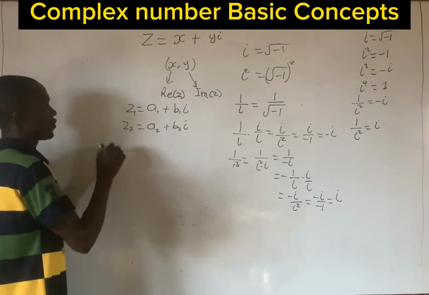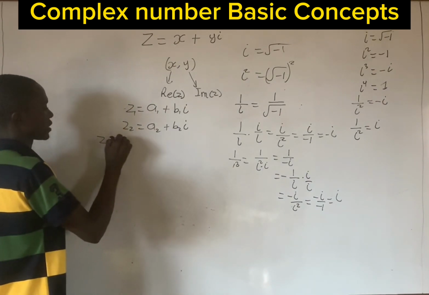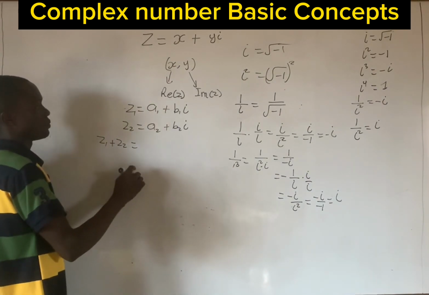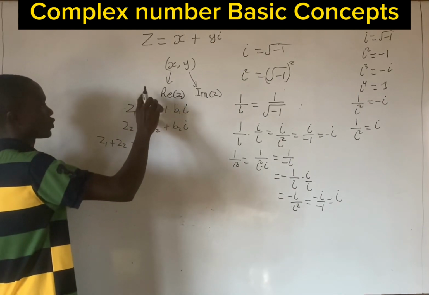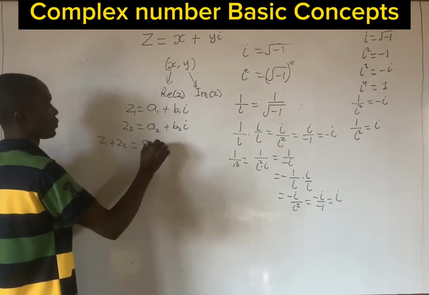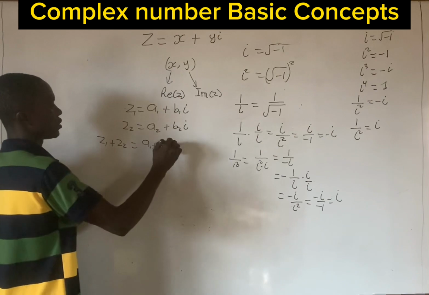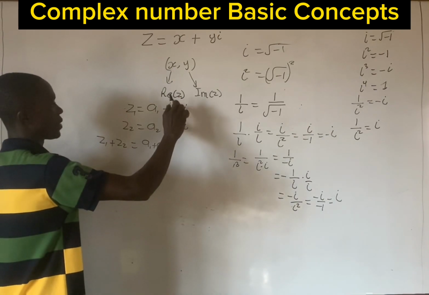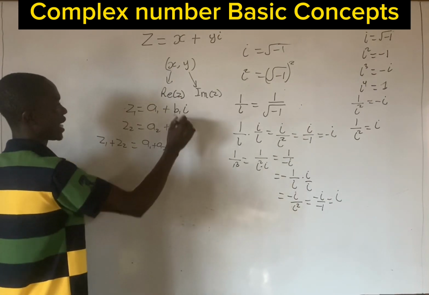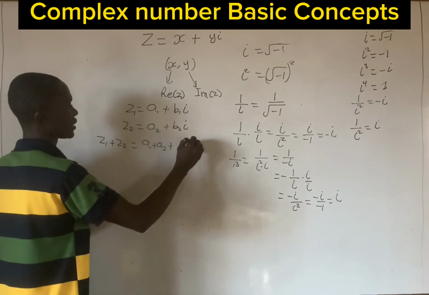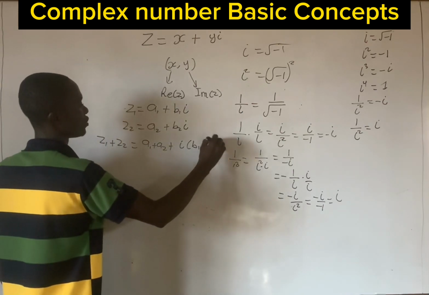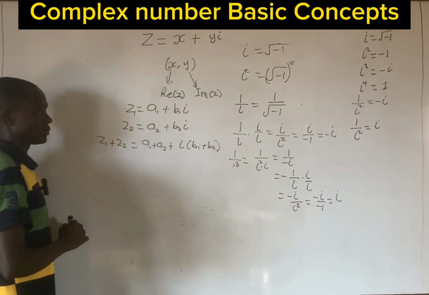Now, if I want z1 plus z2, then it means that I have to add the real parts together to get a1 plus a2, plus I add the imaginary parts together. I bring i out and add b1 plus b2 in a very simple way.